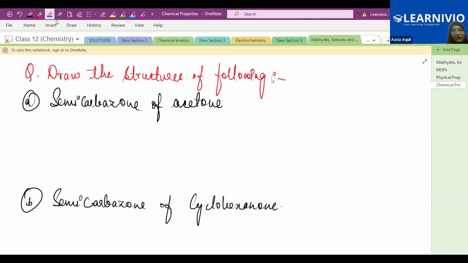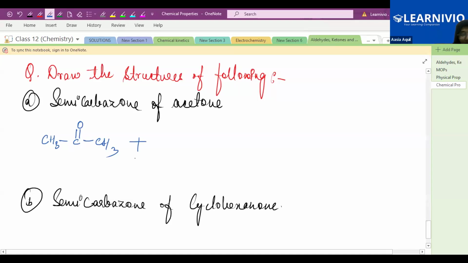Semicarbazone of acetone. So here, what is the carbonyl compound? The carbonyl compound is acetone. What is the structure of acetone? CH3, CO, CH3. Propanone is your acetone. Plus, you have to make the semicarbazone of acetone. It means you have to react this acetone with semicarbazide.